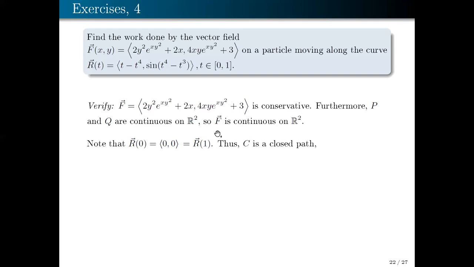So by the third statement in the 3 equivalent statements we considered earlier, the work done is 0, right? Conservative vector field on a closed path, work done is 0. That's automatic. We don't need to compute the potential function of your vector field, okay?